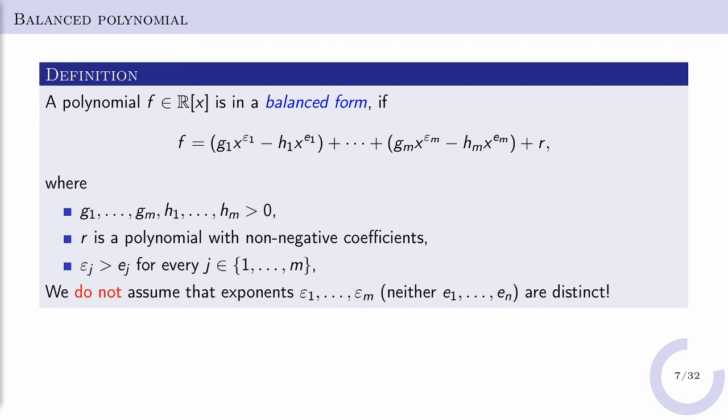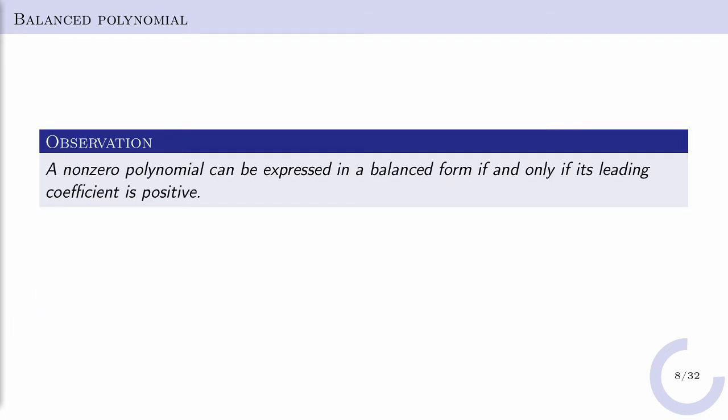The exponent is already the degree of f, so there is nothing we can write here. So it is clear that the leading coefficient must be positive, and we have already proved that if it is positive, then such a balanced form exists.